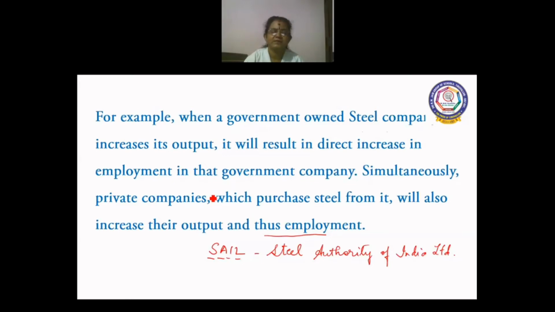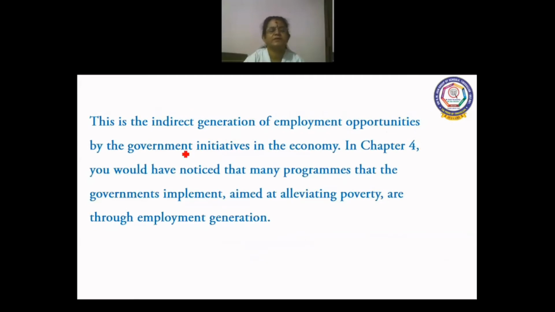At the same time, private companies which purchase steel from SAIL will also increase their output, and obviously they have to increase employment opportunities also. This is the indirect generation of employment opportunities by the government initiatives in the economy.